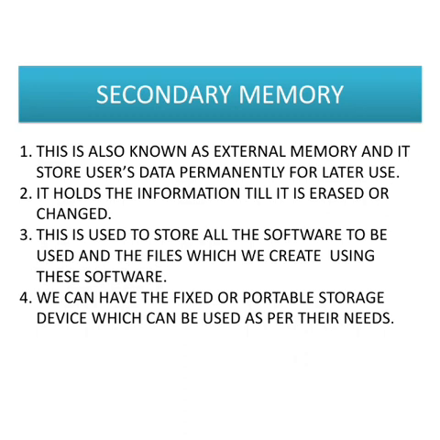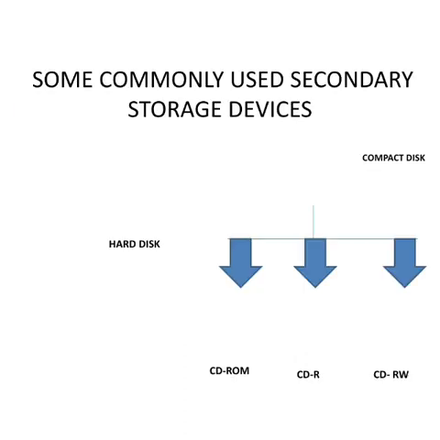It holds the information till it is erased or changed. This is used to store all the software to be used and the files which we create using this software. We can have fixed or portable storage devices which can be used as per our needs.